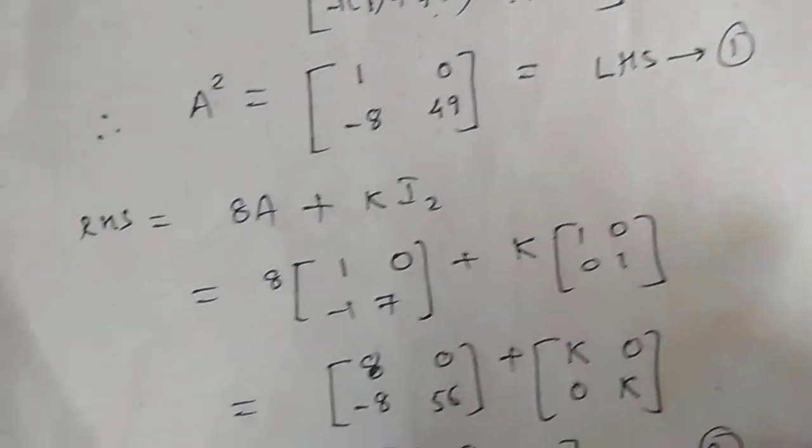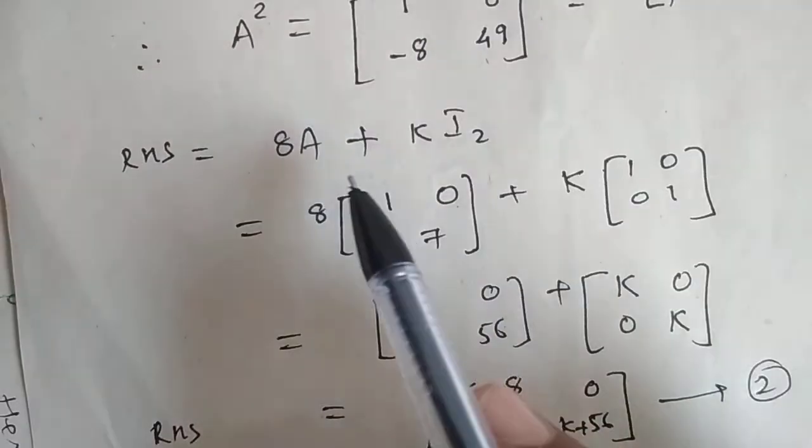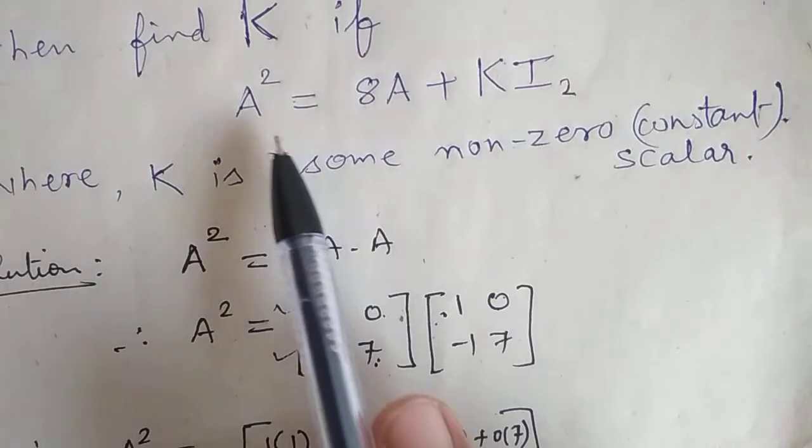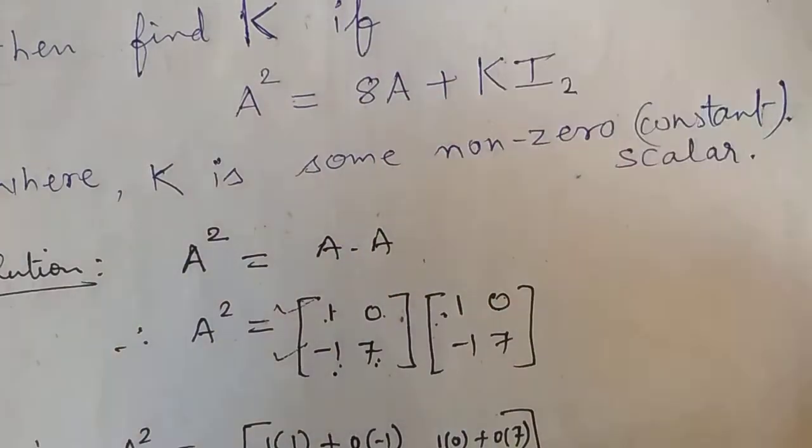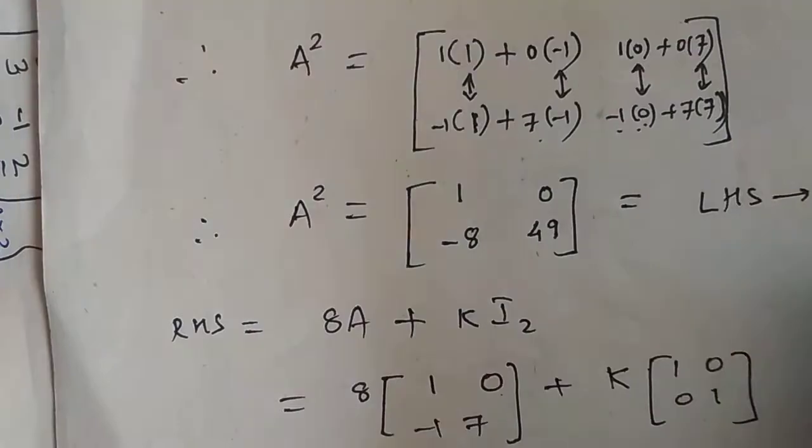Now as per the given condition, A squared is equal to 8A plus k times I2. In order to satisfy this condition, what should be the value of k?